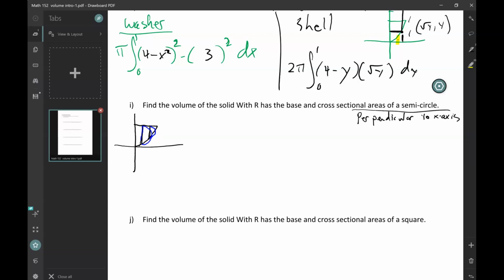So if we take one of these and set it on its side, then you can tell that this distance right here, let me highlight it, is that guy right there. So the size of the semicircle is being determined by something in the region.